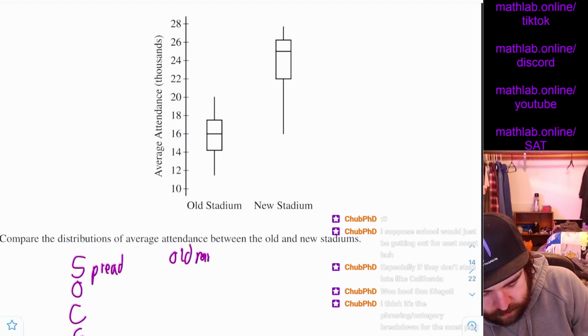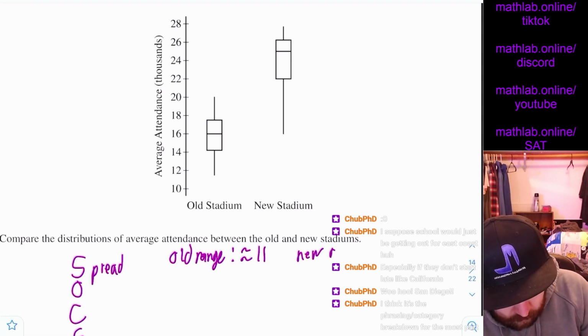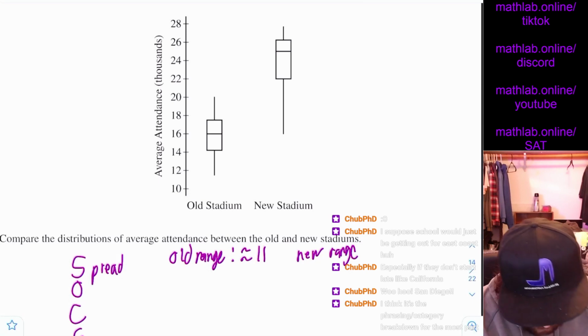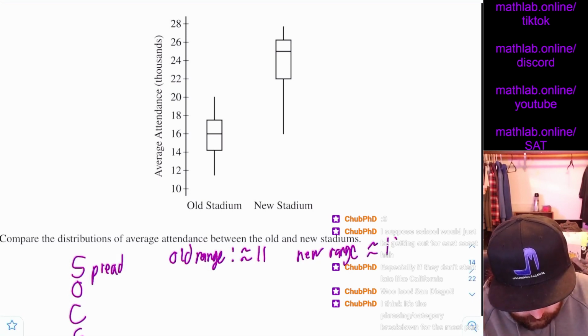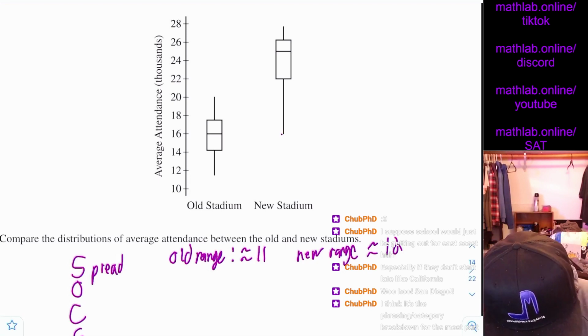Old range is roughly 11. New range is about 16 to 28. That's pretty similar. It's hard for me to even say totally.